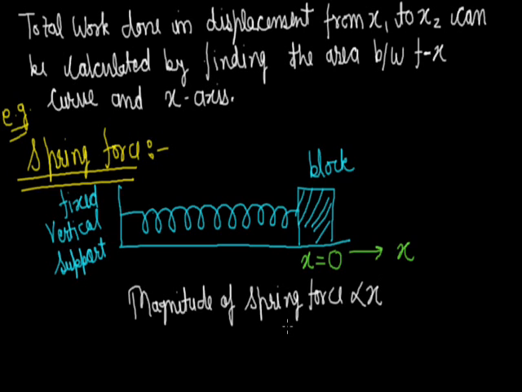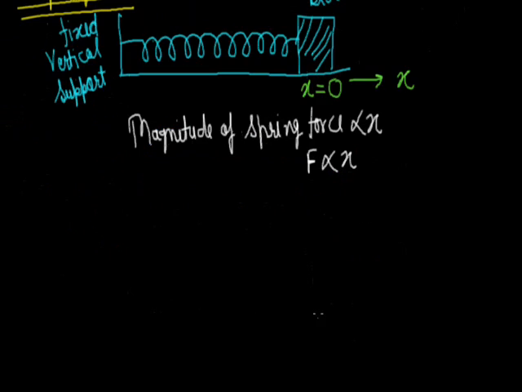Here we can write F is directly proportional to x, and we can write this equation as F equals minus kx, where the minus sign denotes that F is in the direction opposite to the displacement of the block, and here k is the spring constant.